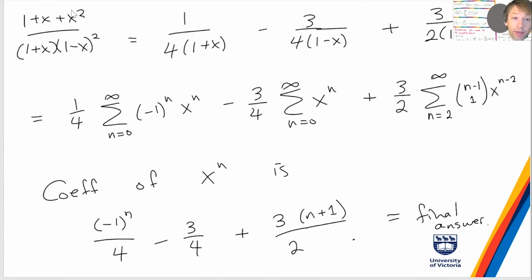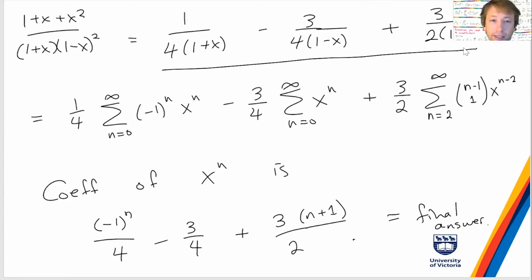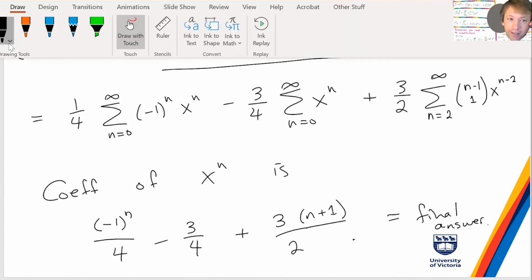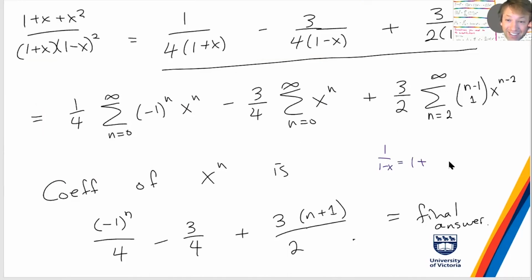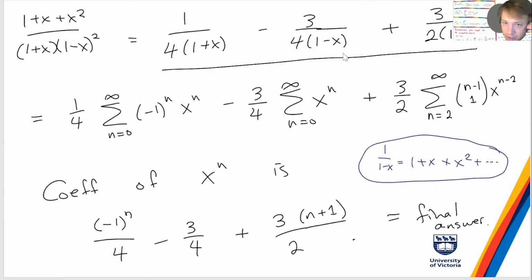And the good thing is that these are just basic building blocks that we've looked at before. This whole thing about how 1 over 1 minus x is just the geometric series. Basically, all of these terms are just some version of that. This one is like substituting a negative x in there, and then I've got a quarter times negative 1 to the n x to the n.